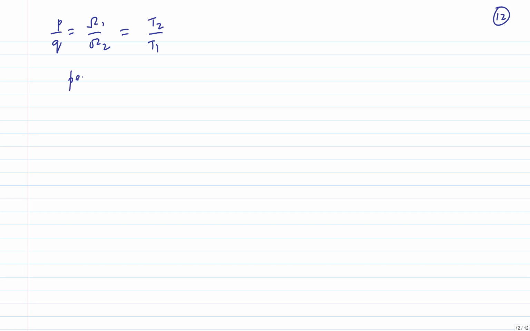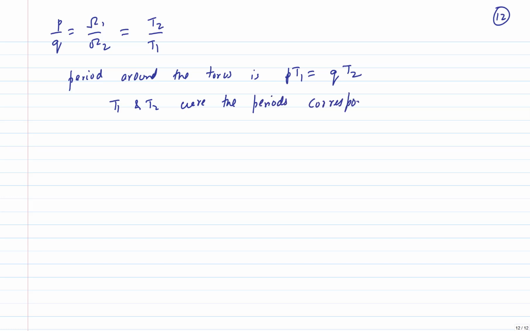So the period around the torus is given by p T1 equals q T2, where T1 and T2 were the periods corresponding to omega 1 and omega 2 respectively.